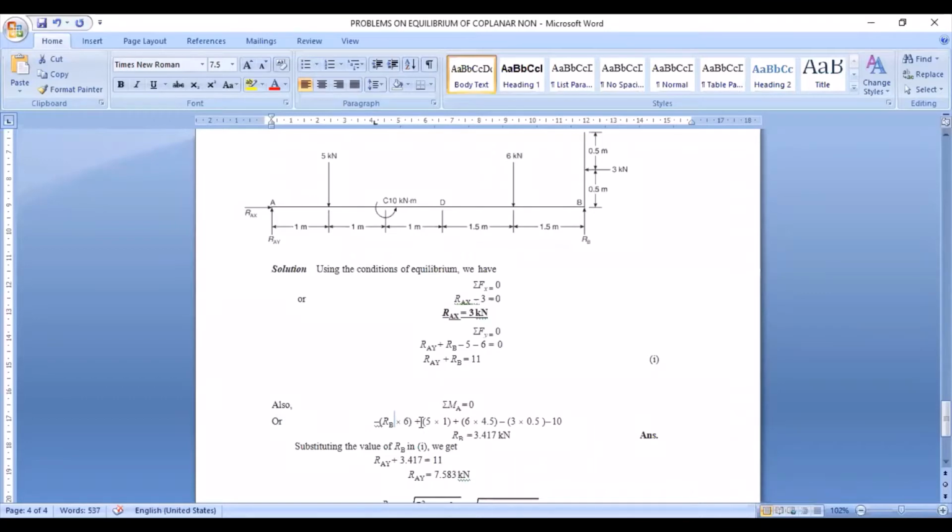That is 5 into 1 with positive sign. Next you have this 6 kilonewton. What type of force is this? It is a vertical force. Distance to be multiplied, horizontal. It is acting at a distance of 4.5 meters, causing a clockwise rotation. So it is positive 6 into 4.5.